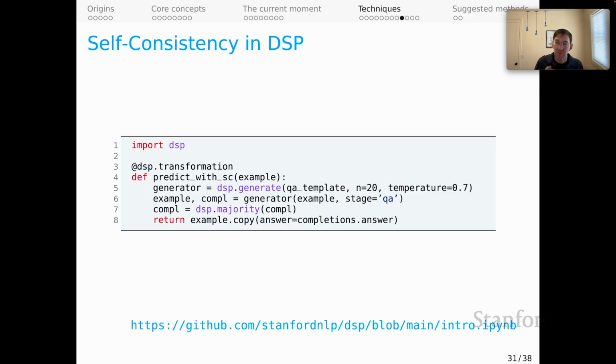You just set your model up to generate a lot of different responses given your prompt template, and then dsp.majority will figure out which answer was produced most often given all of those reasoning paths. So a nice simple primitive that makes self-consistency essentially a drop-in for any program that you write, assuming you can afford to do all of this sampling. And for more details on that, I would refer you to Omar's intro notebook, which walks through this in more detail.